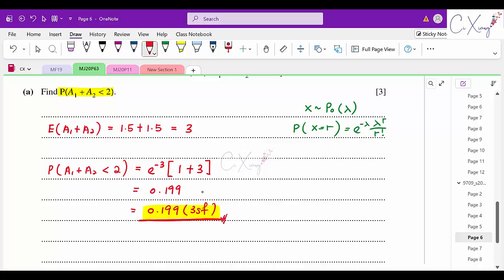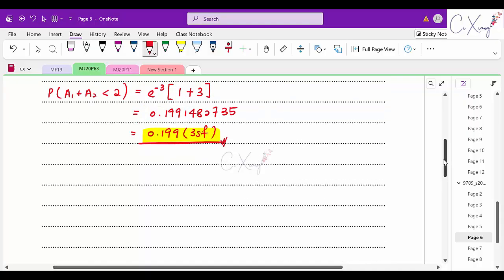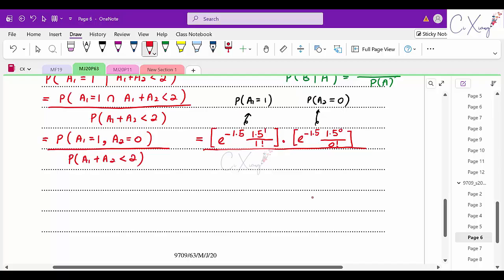It should be 0.199148275. Then I have to put this particular long value into my calculation in part B, so divided by 0.199148275. Then press the calculator carefully.